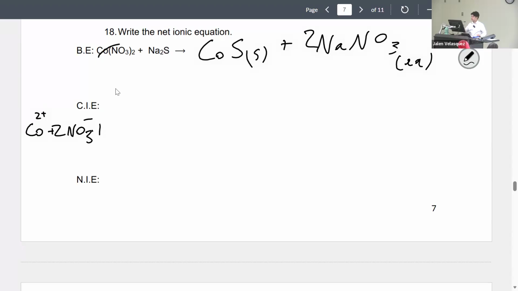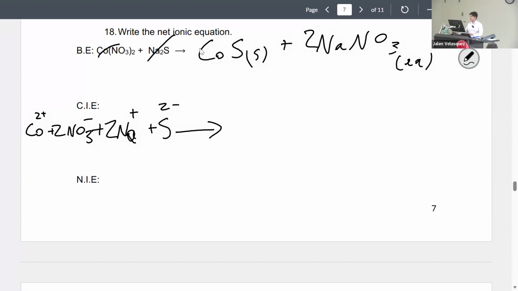Now we move to sodium sulfide. So what's that going to be ionized? We're going to have 2 Na+. And what's sulfide? -2, good. So that guy's done. Next we go to the products.